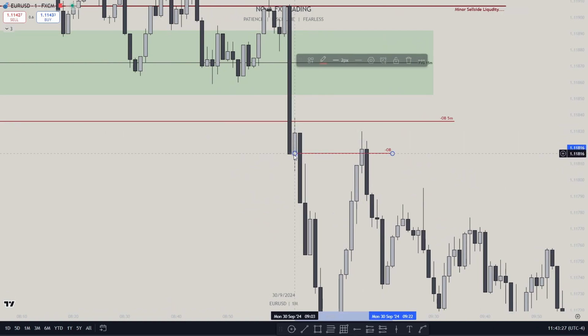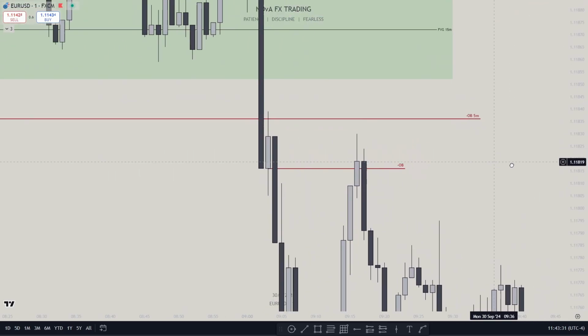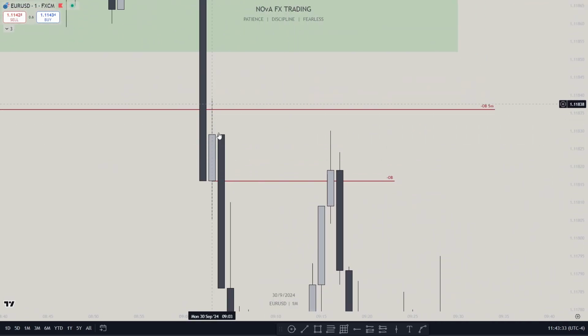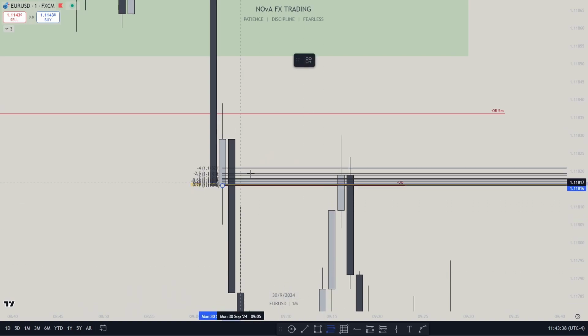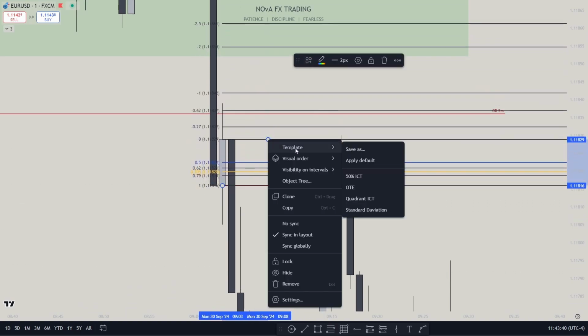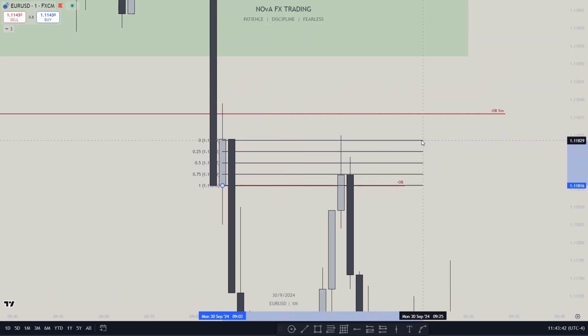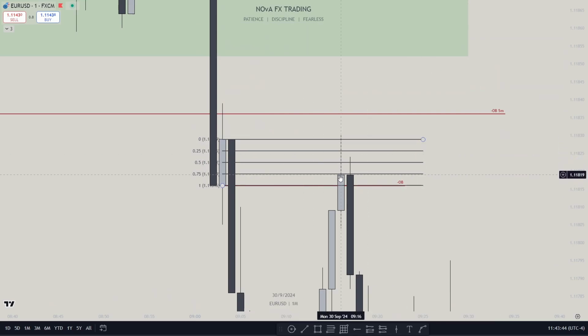We're going to put the opening price, and we're going to measure this body, not the wicks, the body. We're going to divide the body into 4 parts, quadrants, and we don't want to see the price closing above the 0.5, the mean threshold.